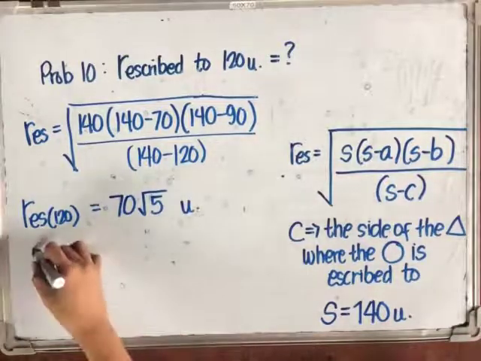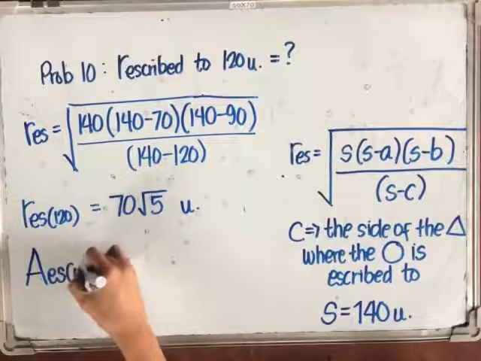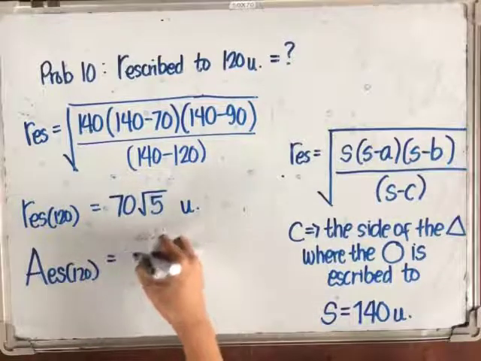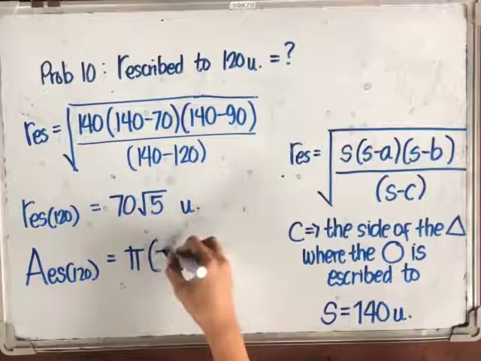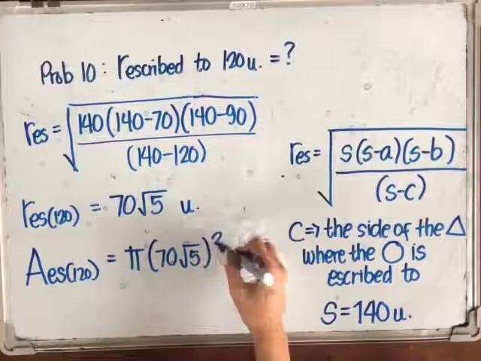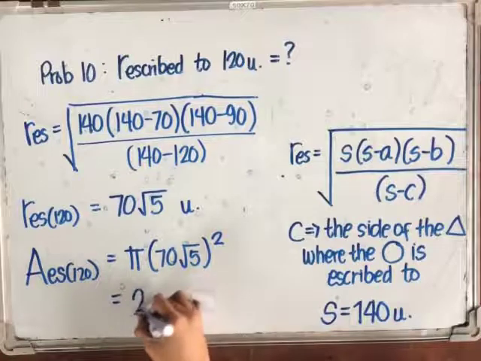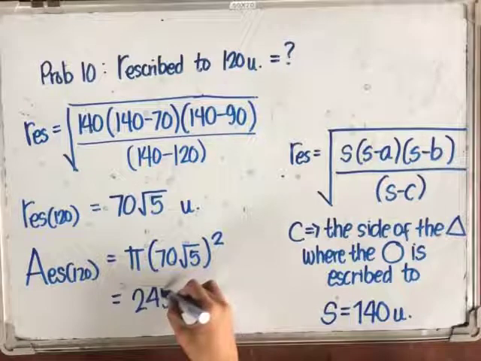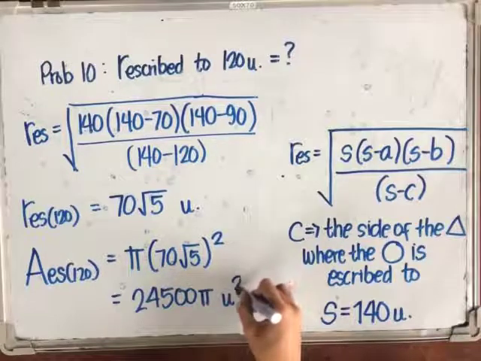Okay, if the problem is asking for the area of the ascribed circle to 120 degrees, you need to compute for the area. Pi r squared. That's 70 square root of 5 squared. Okay, that's how much? 24,500 pi square units.